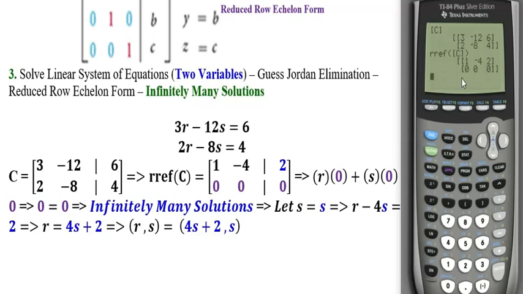That means r times 0 plus s times 0 equals 0. That means 0 equals 0. That means infinitely many solutions. Let s be independent variable. Let s equals s. That means r minus 4s equals 2. That means r is 4s plus 2. That means r, s is 4s plus 2 and s.